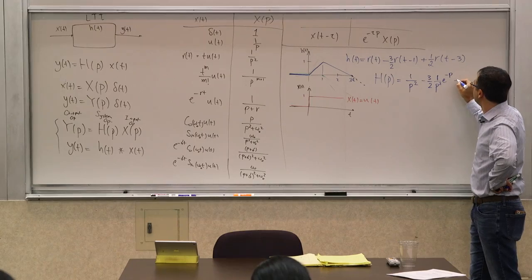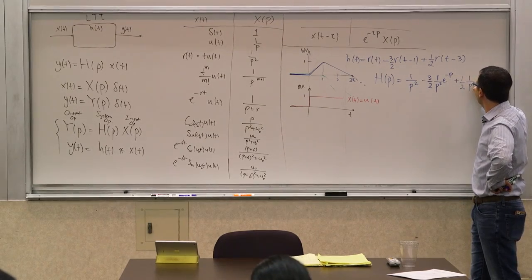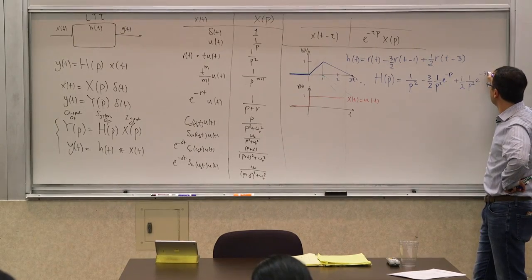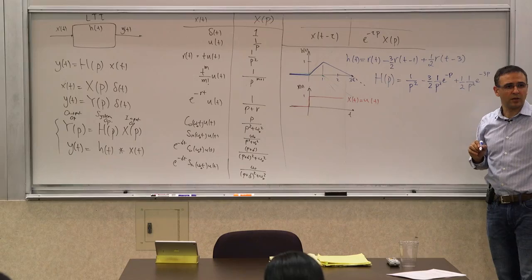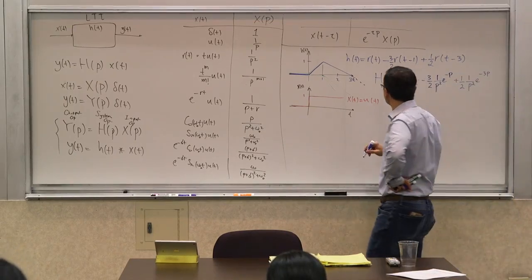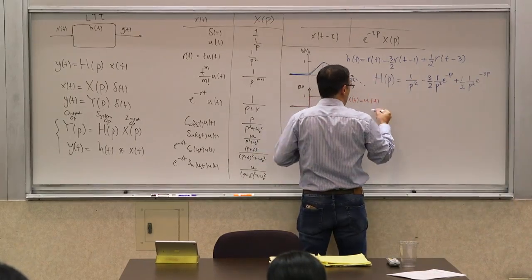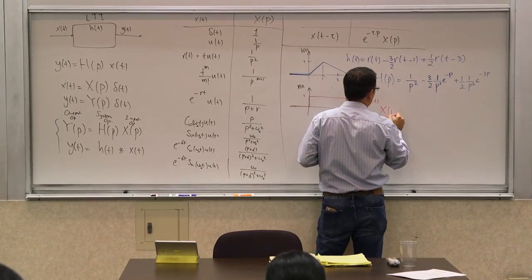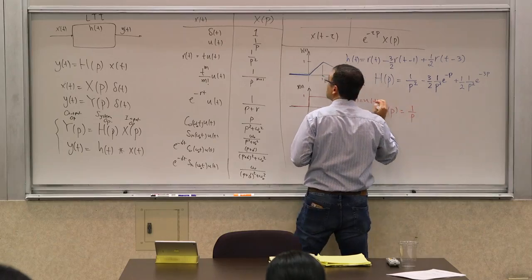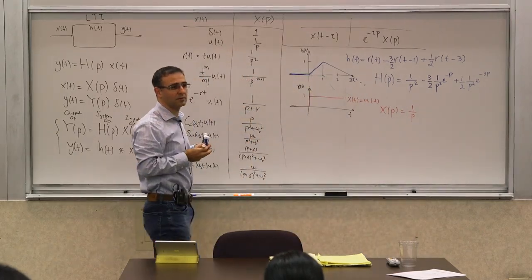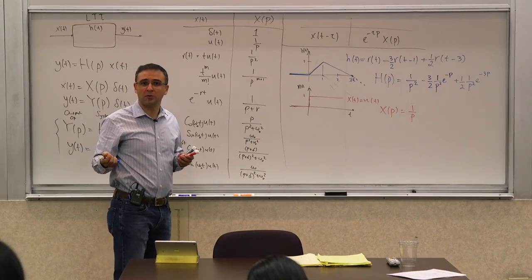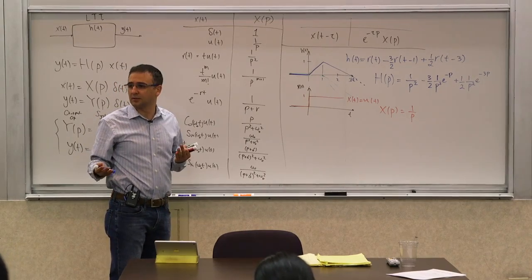And then the last term is, again, 1 over p squared, e to the negative 3p, right? We good? So that's the operator associated with the impulse response. There's an operator associated with the input, which is X of p, which is simply 1 over p. So now, if I want to find the output for the system, there are two different ways to go about it. Now we have two completely different ways of doing it.